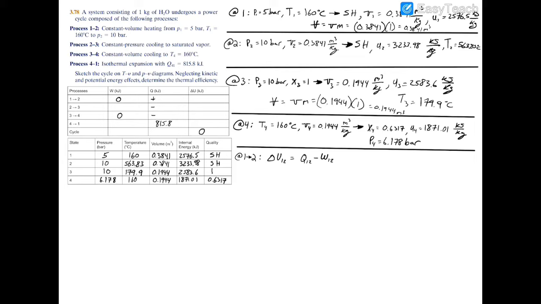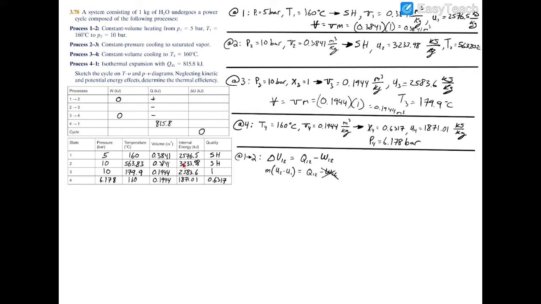Remember that we can break down this term into its specific components. So we'll have the mass times the difference of u2 minus u1 equal to the heat transfer minus the work. Now once again, remember that because 1 to 2 had constant volume, our work is equal to 0, so we can cross that right out. And our heat transfer is equal to our change in internal energy.